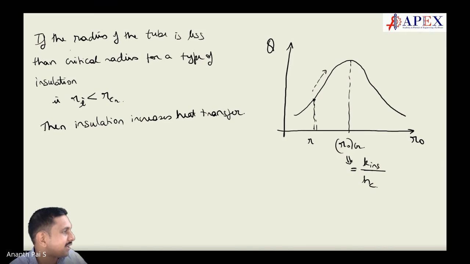Two purposes are there. One purpose is to give electrical insulation. Second one, to increase heat transfer. You put insulation to increase heat transfer. You understand? We'll see how it increases the heat transfer.